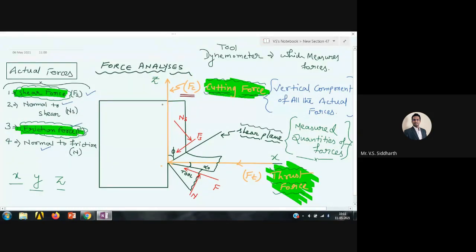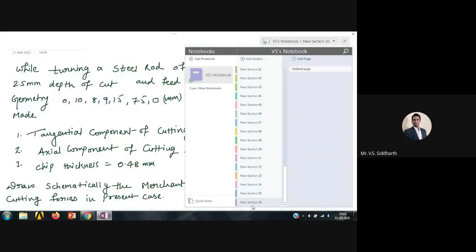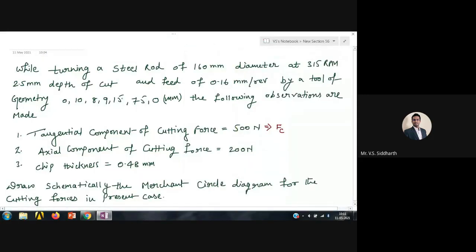This is a circular, cylindrical workpiece. So if any time you see tangential force written in the question, consider that the tangential force means the cutting force. Now, what is the axial component of cutting force?